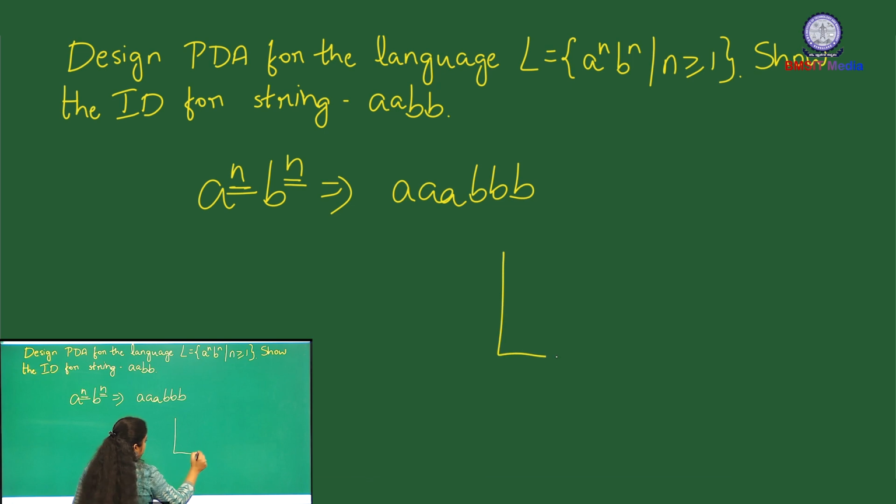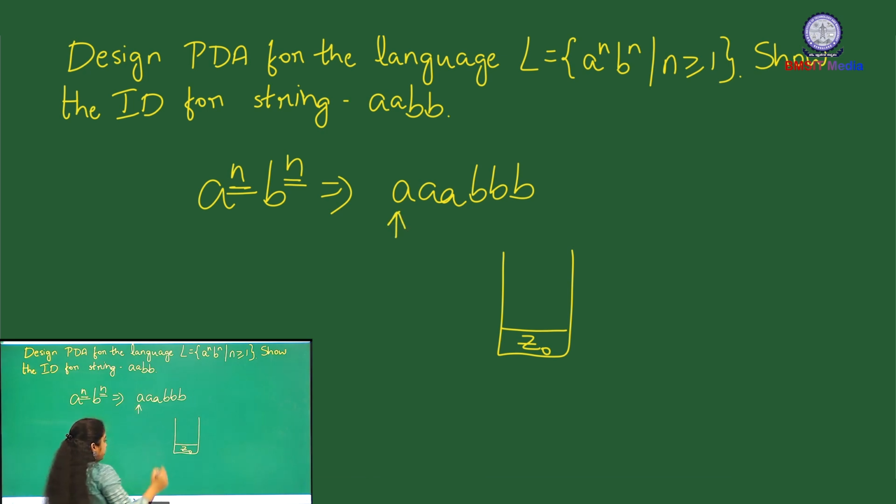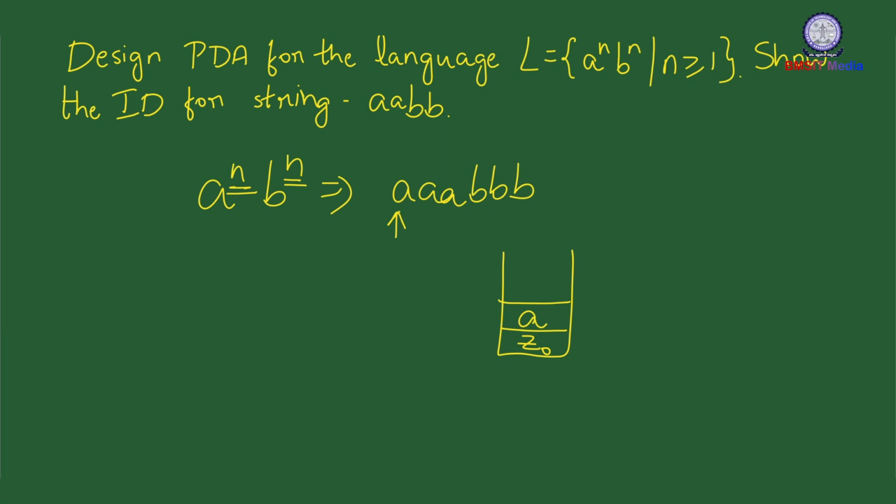As we all know, the initial stack element is Z0. Whenever you receive an A and the top stack element is Z0, A will be pushed onto the stack, because we need to know how many A's we have received from the string.